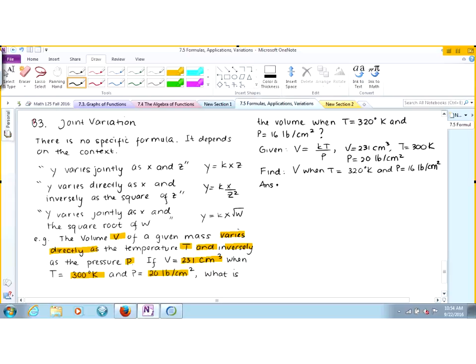Are we okay so far? All right. So first of all, we need to find K, even though there's no mention you have to find K. And then box the equation of variation. So V is KT over P. All right, tell me how we could find K.